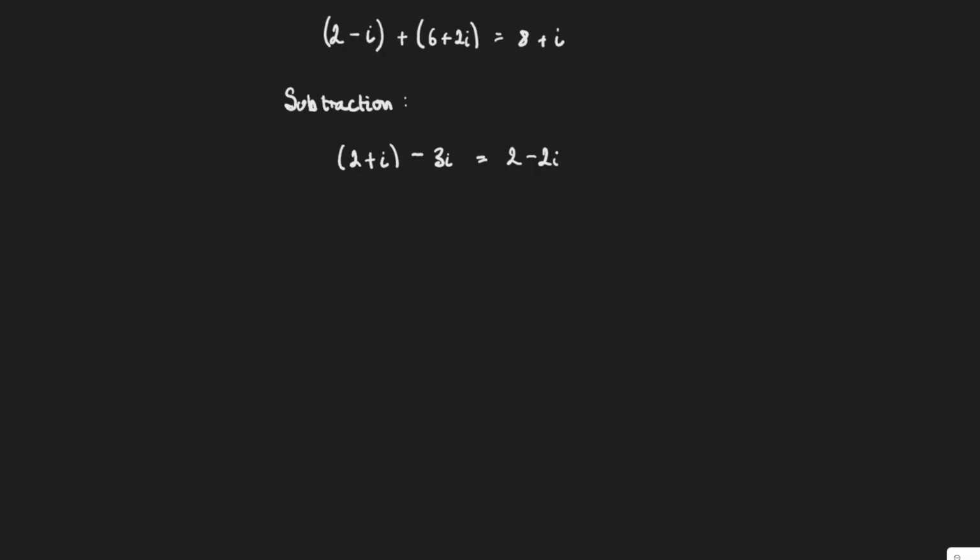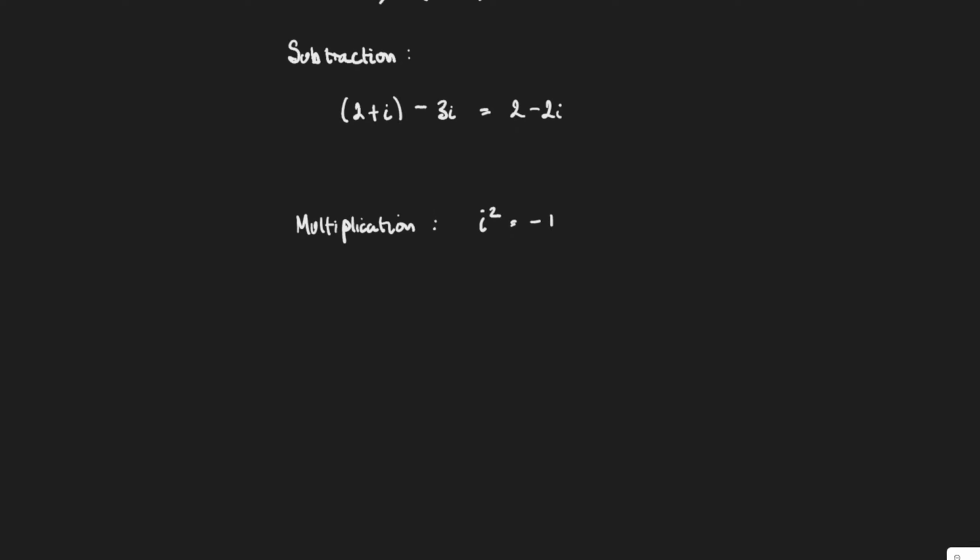Multiplication's not too hard. You just have to remember the rule that we stated at the start, which is that i squared equals negative 1. So let's consider (1 add i) cubed, or in other words, (1 add i) multiplied by (1 add i) squared.